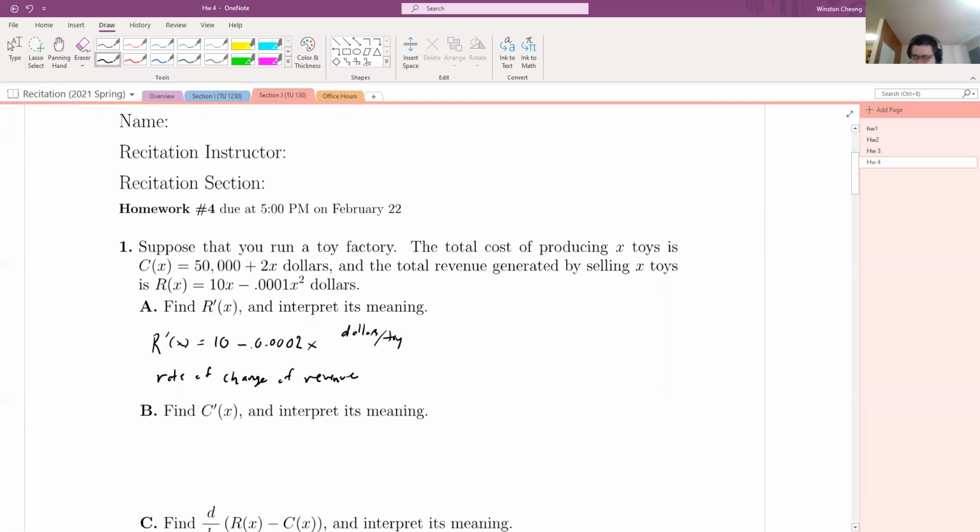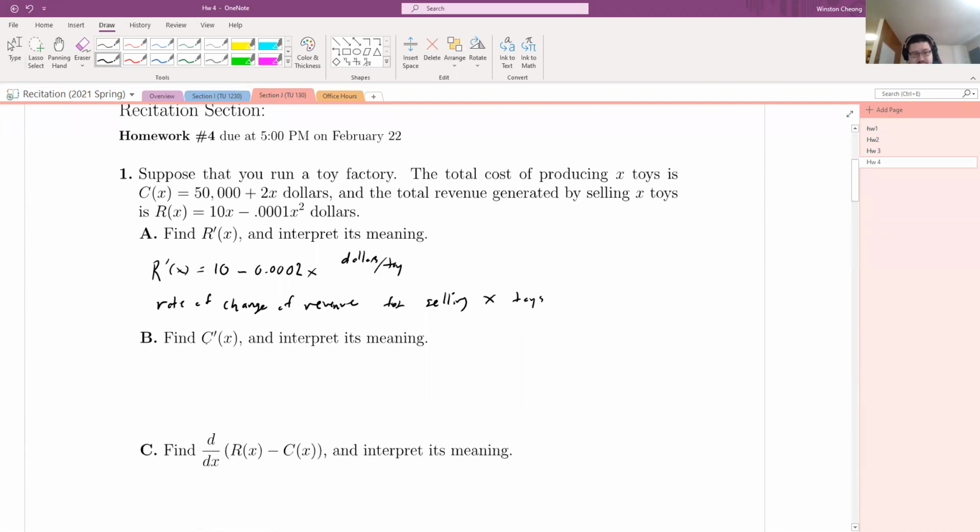I'm trying to figure out if there's a better way to phrase this, but I think it's pretty much just the rate of change of revenue if you're selling x toys. Yeah, I don't know what else you could do to describe what this function is doing.